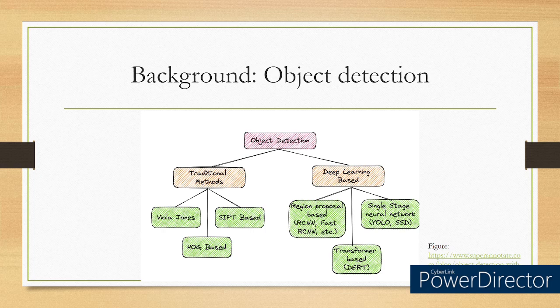Moreover, DETR is a groundbreaking model that employs a transformer for end-to-end object detection. It treats object detection as a direct set prediction problem, eliminating the need for many handcrafted components like anchor boxes.